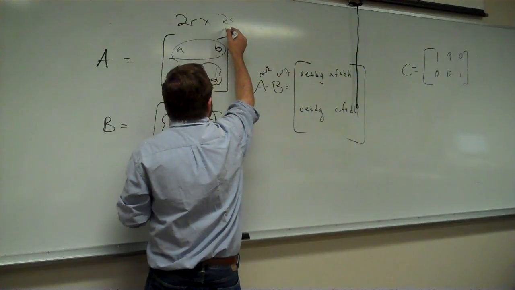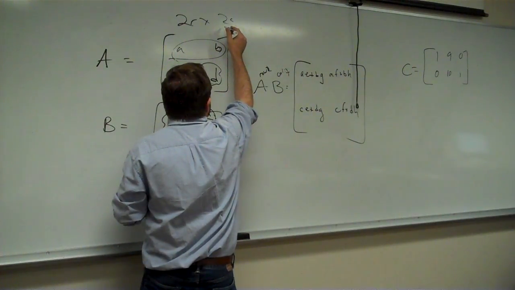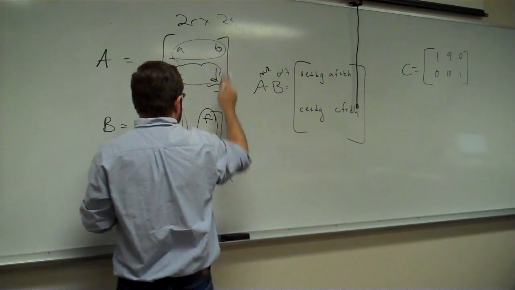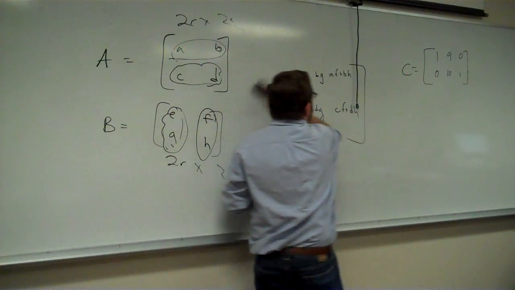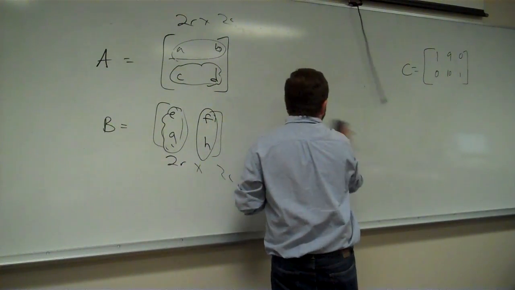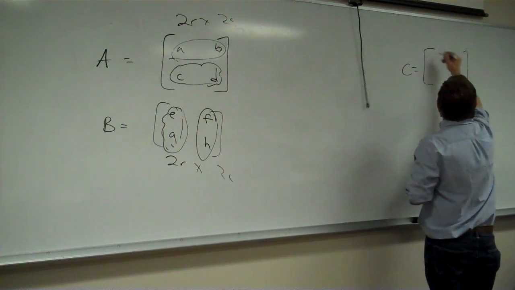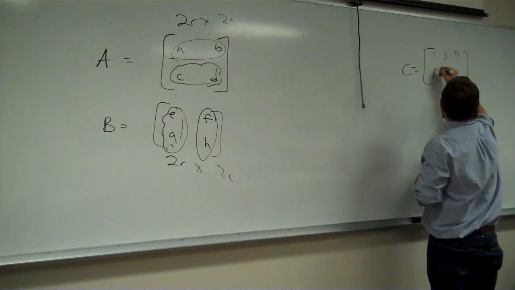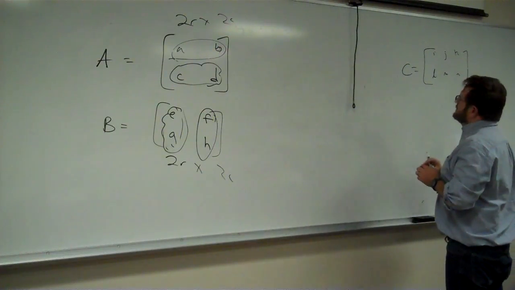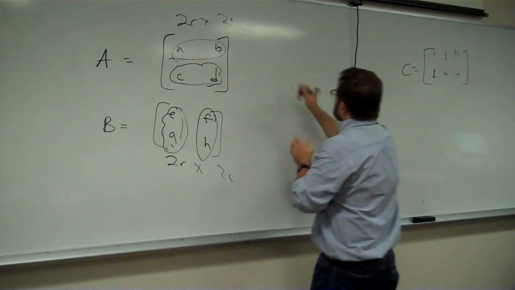Which way is it? Let's find out. Here, I'll put some numbers over here: I, J, K, L, M, N. Can we do A times C?